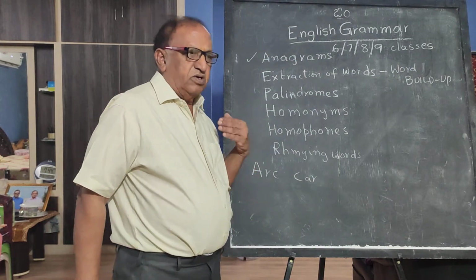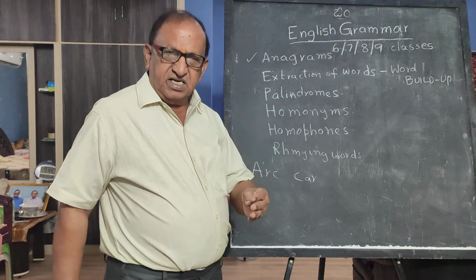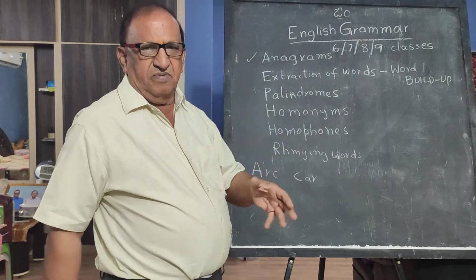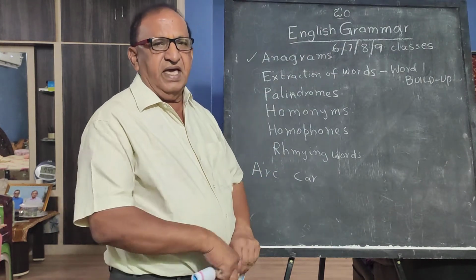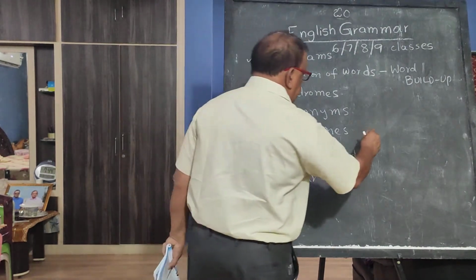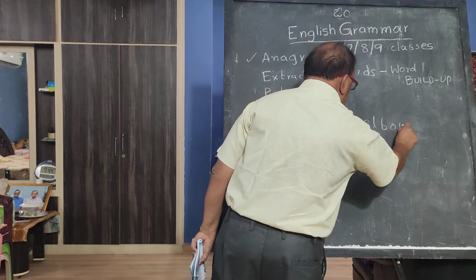Anagram is a technique by which the letters in a particular word, you change the order or the pattern to get a new word. For example, I will take another word, elbow, E-L-B-O-W.